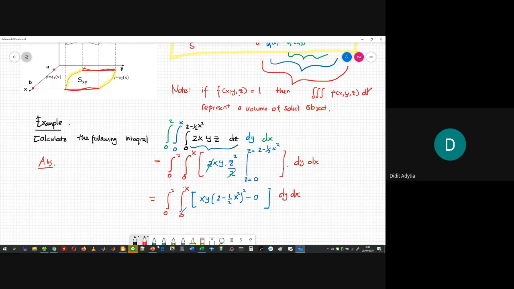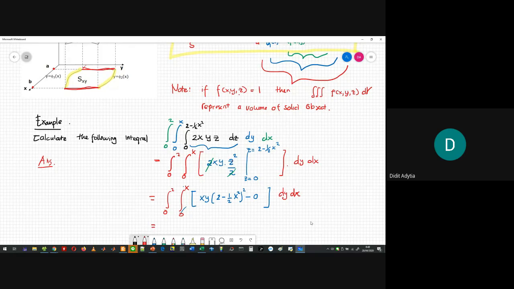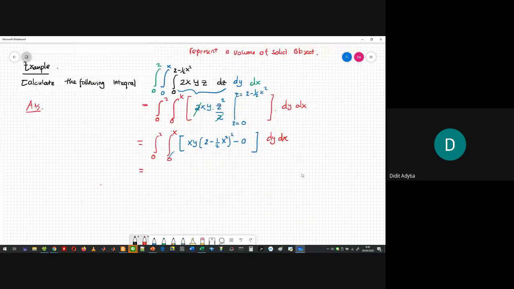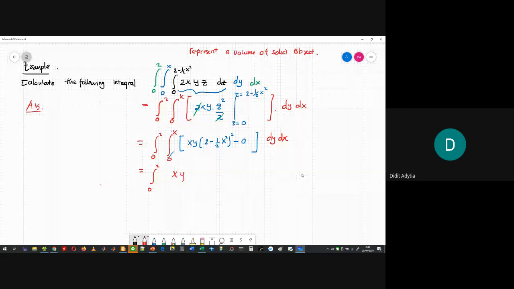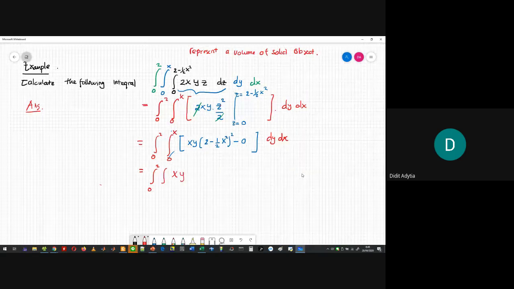Is that correct or not? Seemingly it's correct. Okay, dan ini kita then we go through again through this one, ini kita breakdown dulu ya. Berarti x, y, this is the same from 0 to x, x, y.